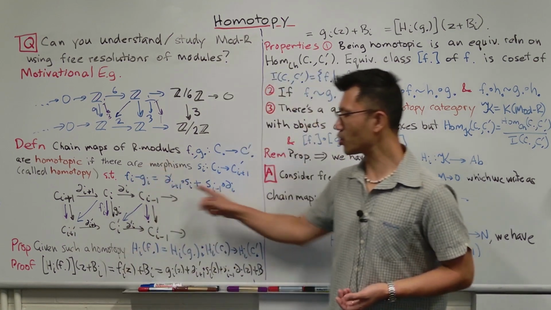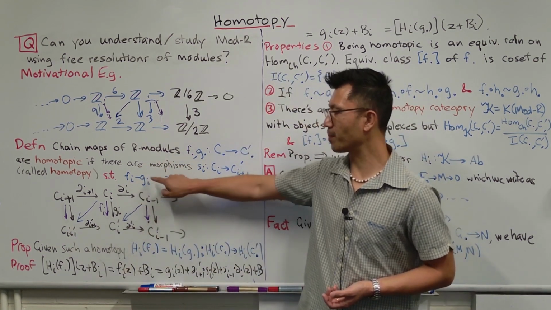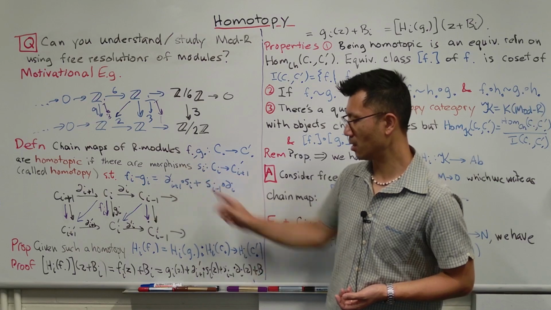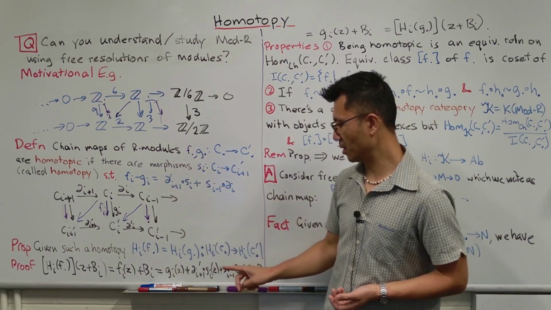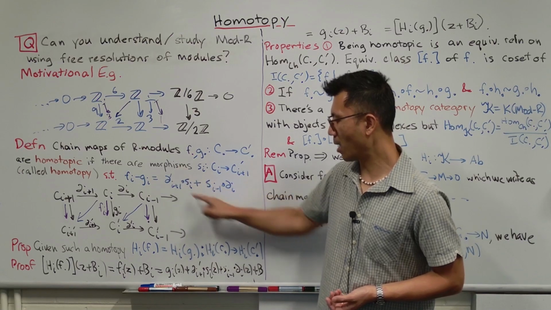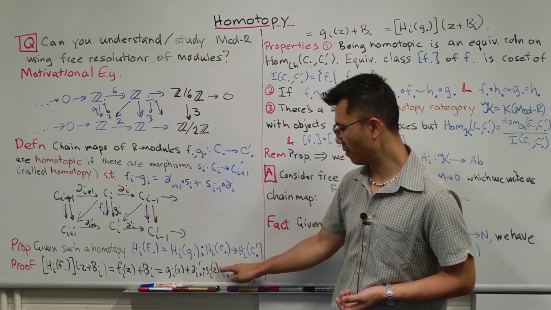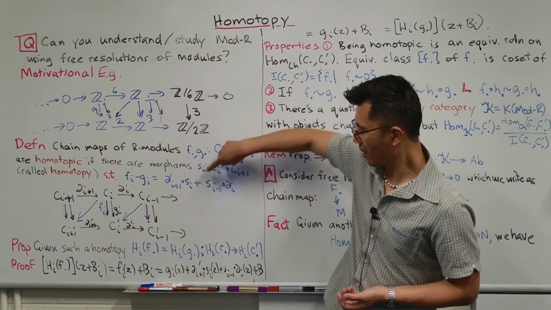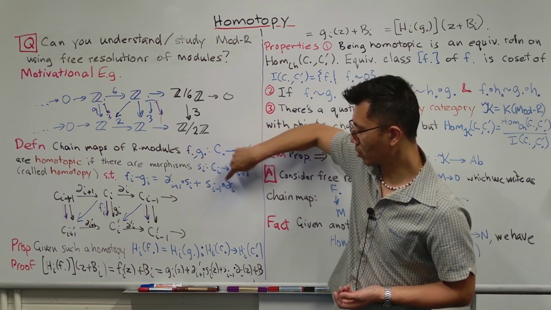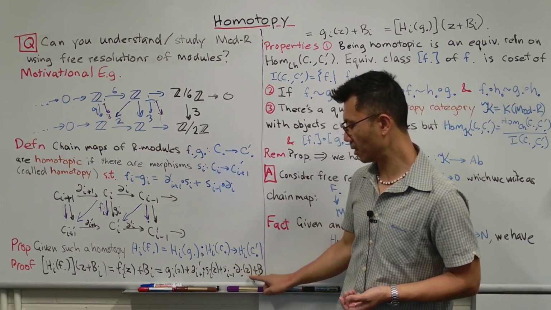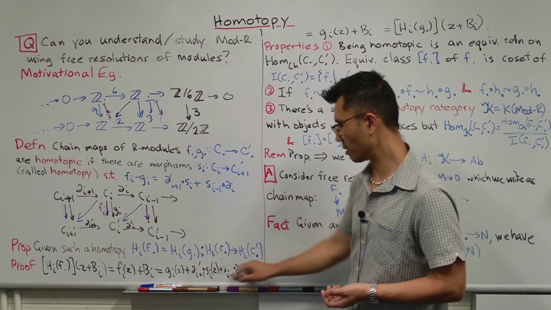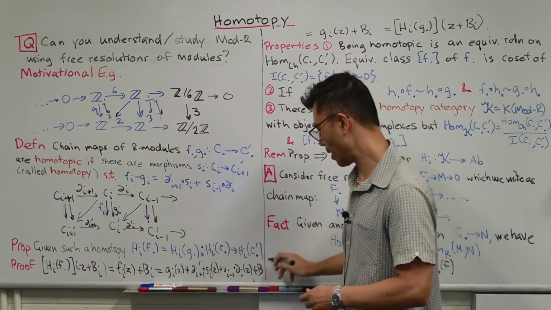Now you use this condition here to rewrite what F_i is. It's going to be G_i plus what's over here. So you've got G_i of Z, plus you've got this applied to Z, so that's boundary prime i plus 1 composed with S_i of Z, plus this last bit here, which is S_{i-1} composed with boundary i of Z, and you look at the coset of that, so that's plus B_i.